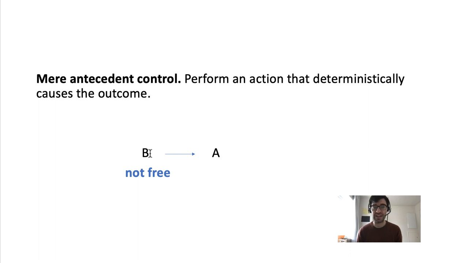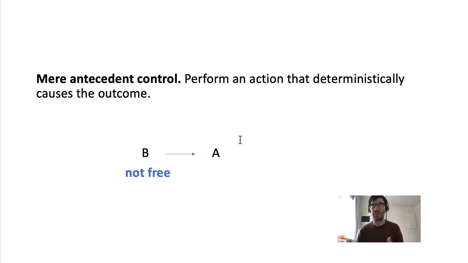But Franklin's worry now is that it's just totally unclear why this should be a necessary condition on free will. Why should a requirement on your action A being free be that you are able to perform an earlier action that deterministically causes A? How could that possibly make your action A more free?